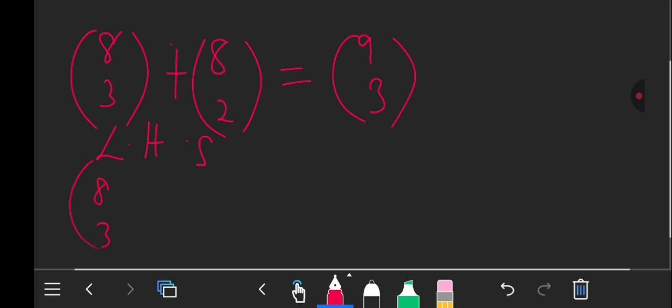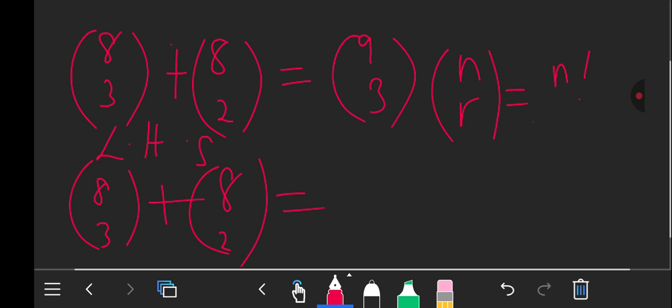8 combination 3 plus 8 combination 2. We are taking the left hand side, so this will be equal to 8 combination 3. We use the formula n combination r is equal to n factorial over n minus r factorial r factorial.